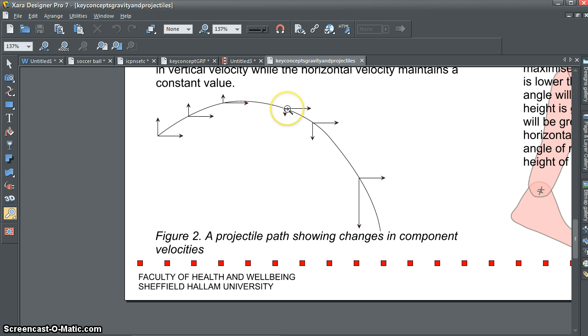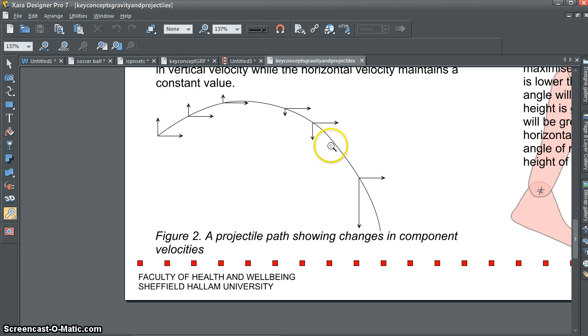Past the apex of the parabola, it now acquires a vertical velocity component in the downwards direction, while still keeping its horizontal velocity. The vertical component continues to increase as it travels towards the Earth. The horizontal component still remains constant, and so this pattern continues.